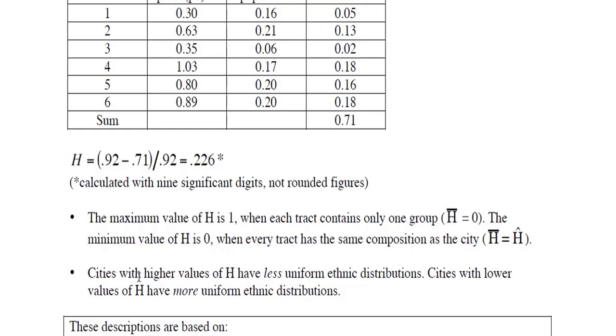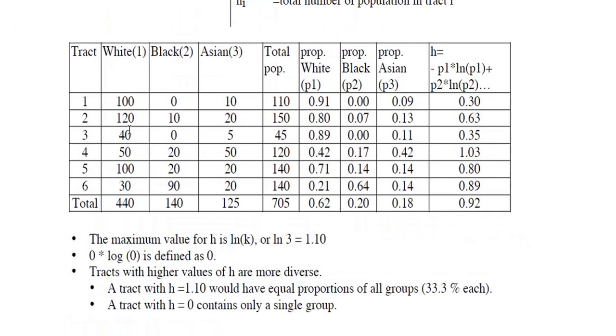So cities with a higher value of H have a less uniform ethnic distribution, and cities with a lower value of H have a more uniform ethnic distribution, which means that different ethnic groups exist there.